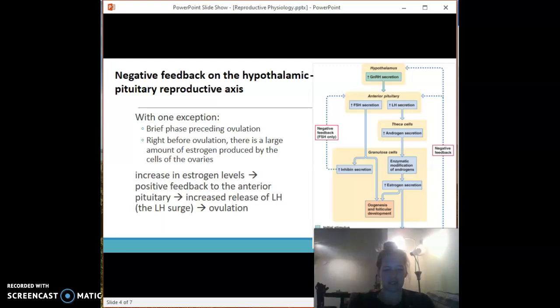And the increase in the concentration of estrogen in the blood plasma starts a negative feedback loop back onto the anterior pituitary and onto the hypothalamus, so affecting the secretions from the anterior pituitary as well as the secretions from the hypothalamus.